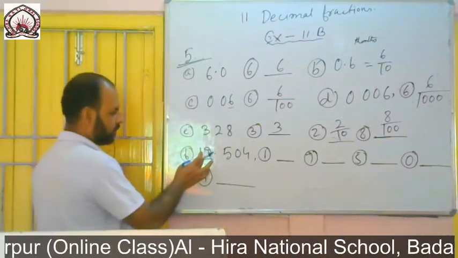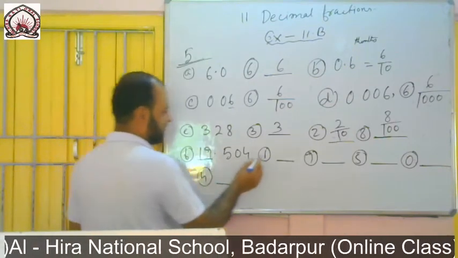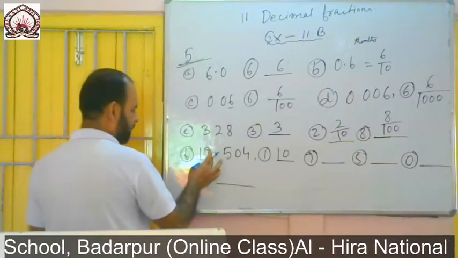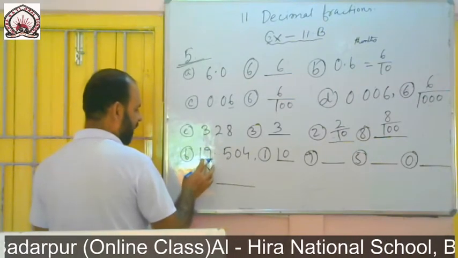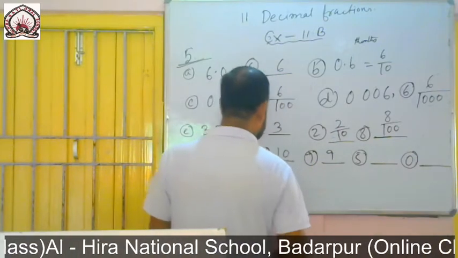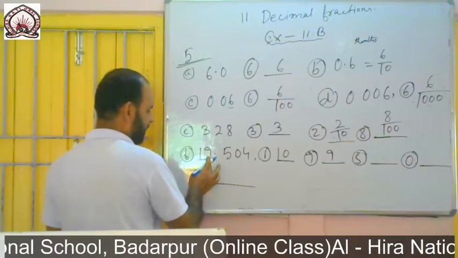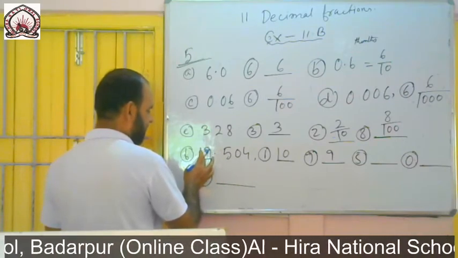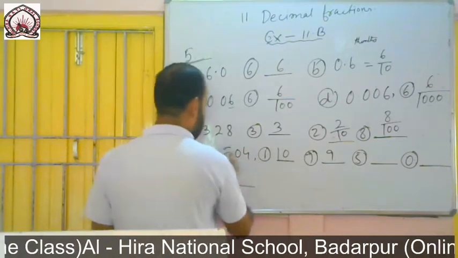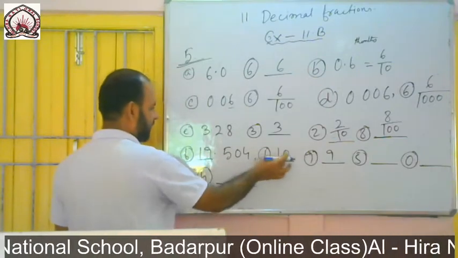So the place value of this 1 is in the tens place, that means 10, and the place value of this 9 is in the ones place, that means 9.